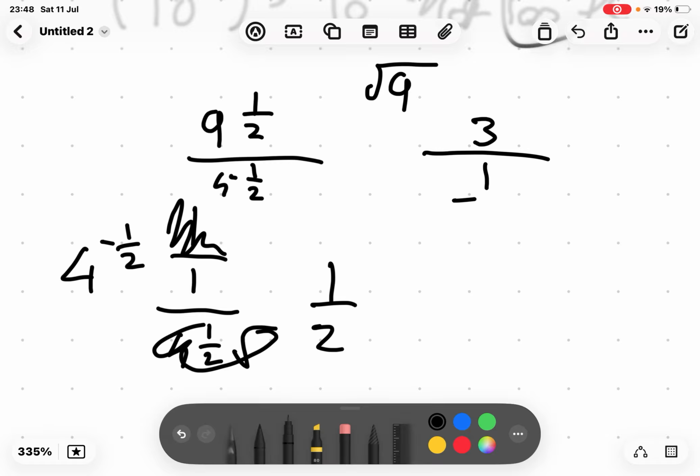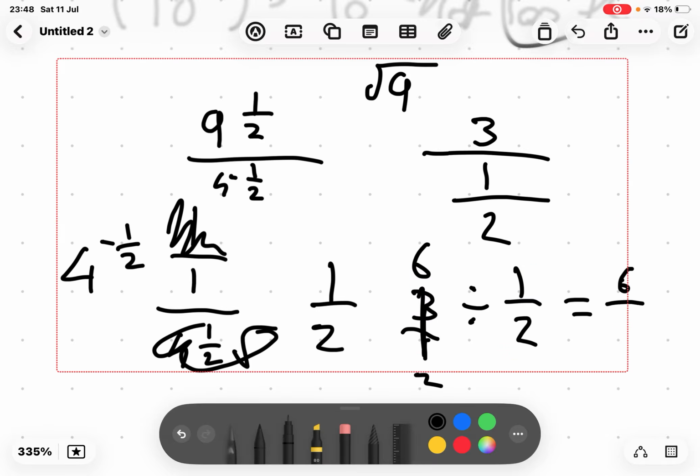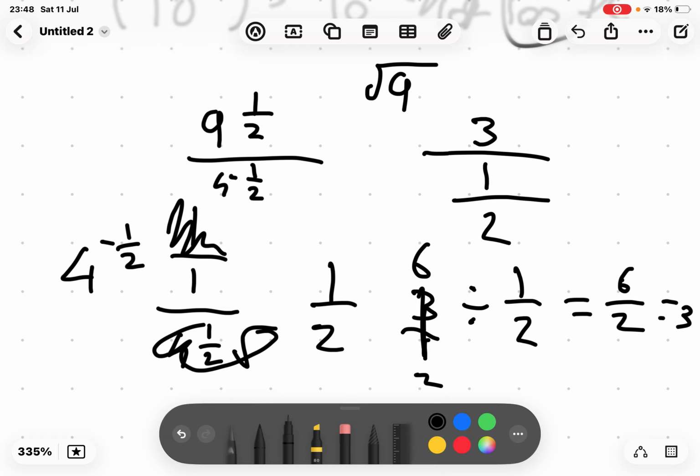And so you get this, and 3 divided by 1 over 2, 6, 2, is equal to 3. Hold up. No. Yes, but that's not the answer though. The answer is 6.